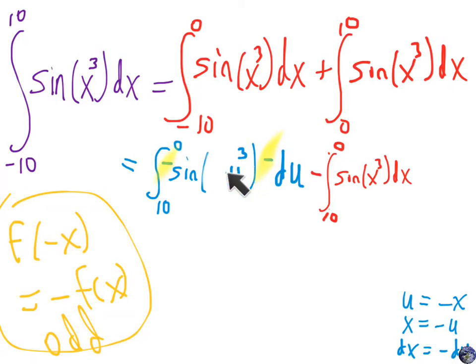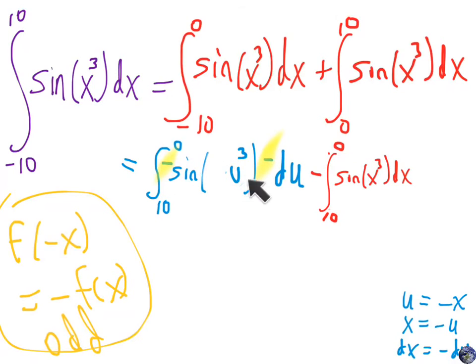Now for the bit of the leap we need to make here. Think about what this says. This says the integral from 10 to 0 of the function sine u cubed du. That's the area under this curve here. Then we're subtracting the area under the curve from 10 to 0 of sine x cubed dx. Well, this is the same graph, right?